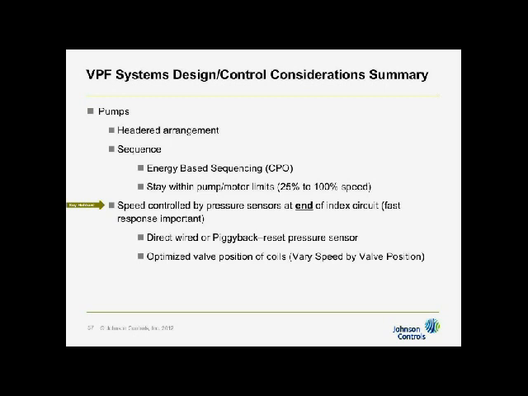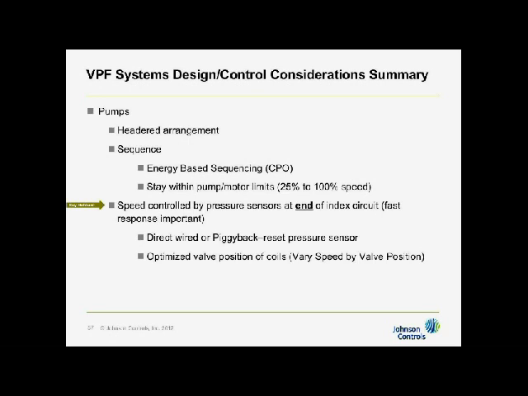We want to have it not 2/3 of the way down the system. We want it all the way to the end of the system. So you want to be on the index circuit as far as you can possibly be near the longest run or the most resistive run all the way out through the index circuit. If you have a wandering index circuit, then put in more than 1 pressure sensor and choose the highest.